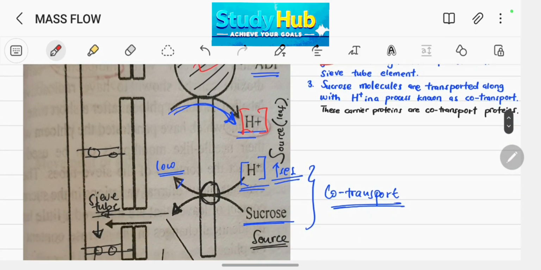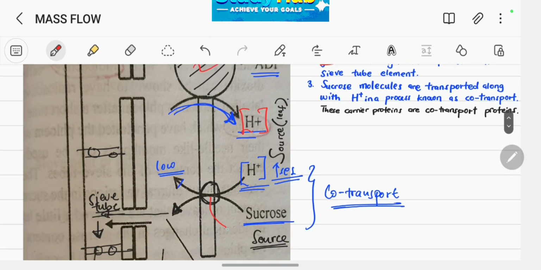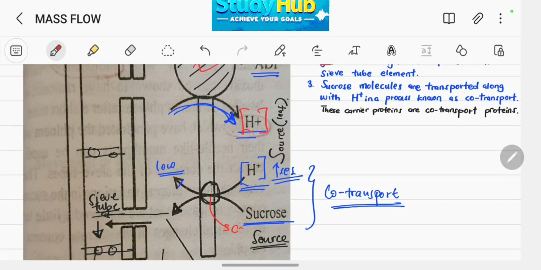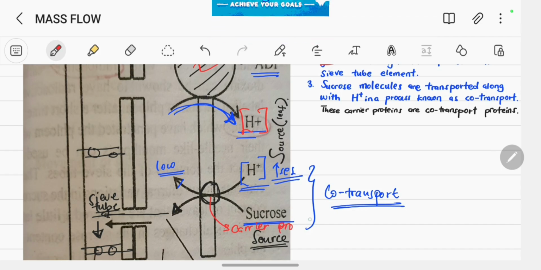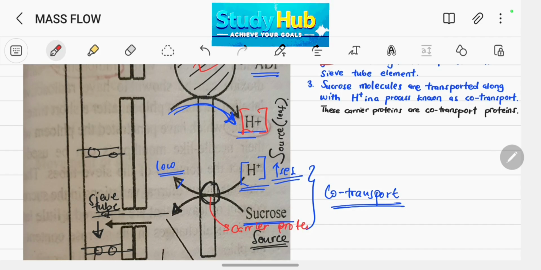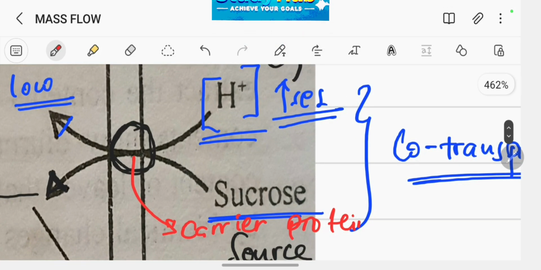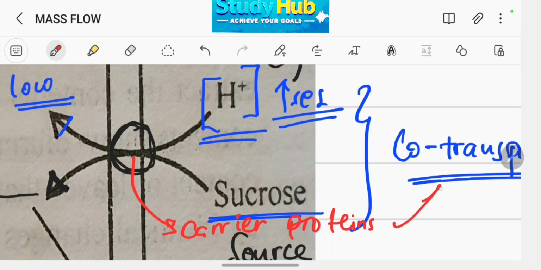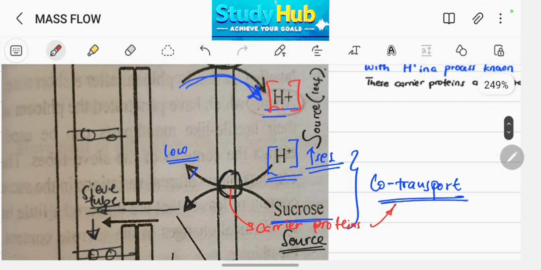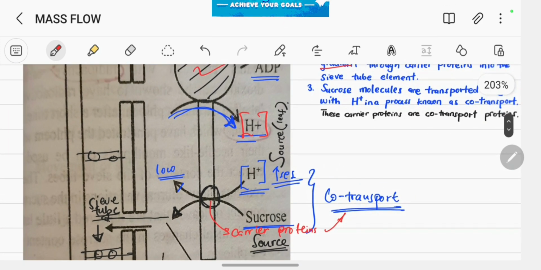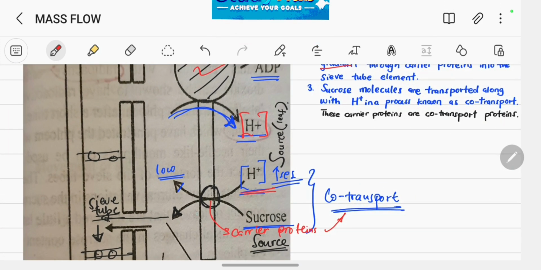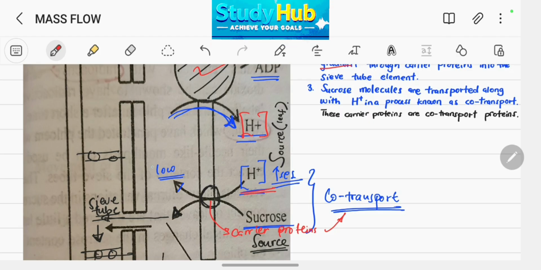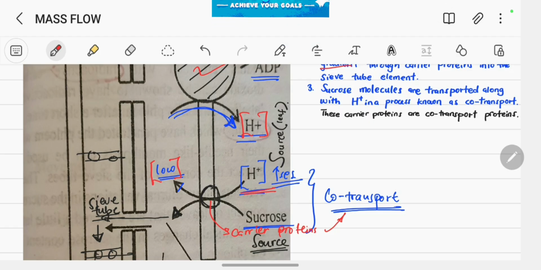This is what they are calling carrier proteins. But we've seen that these carrier proteins are co-transport proteins. So as hydrogen accumulates outside, it has to start moving in from regions of its high concentration to regions of its low concentration.